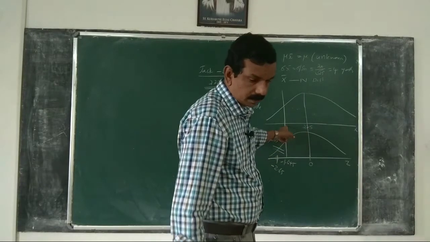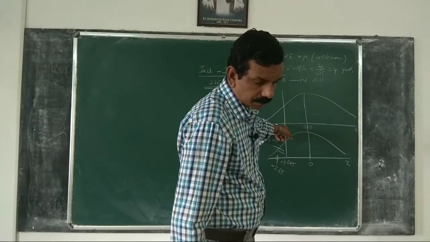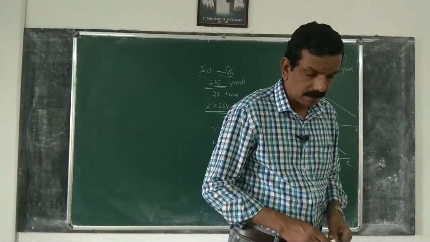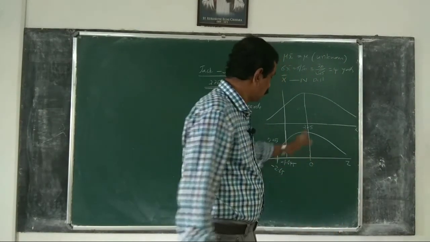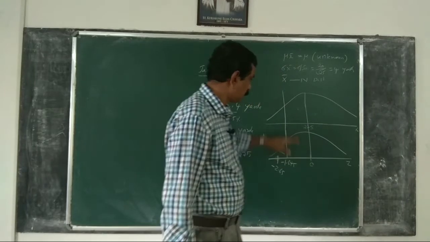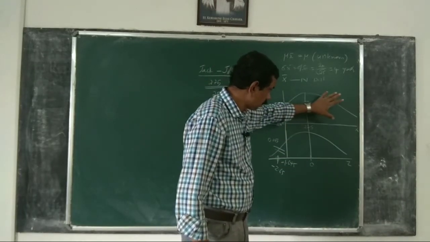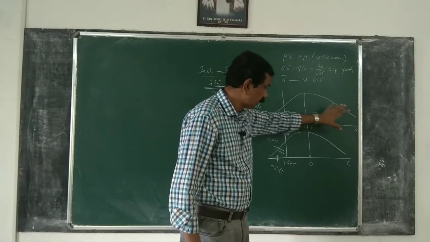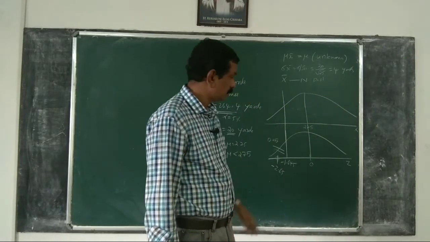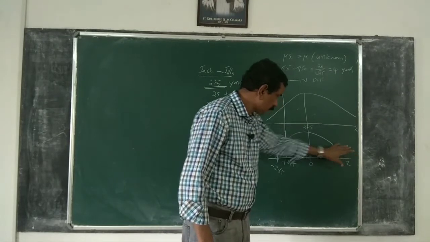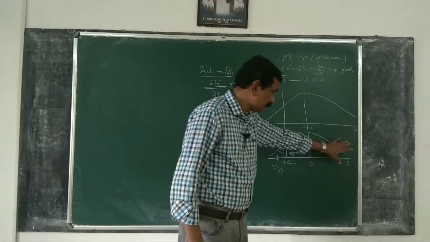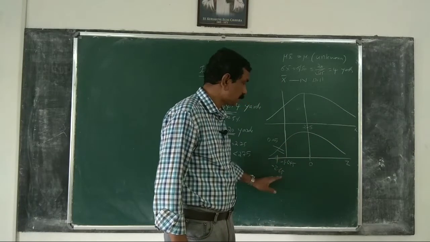This value is 268 point something, can be calculated. But we will not use the estimator and its sampling distribution directly for hypothesis testing. What we use is the test statistic for hypothesis testing.